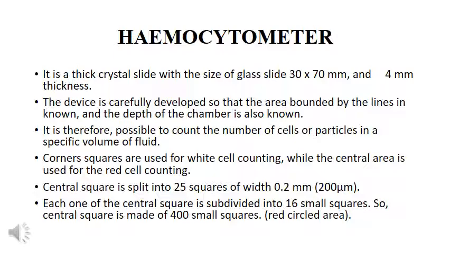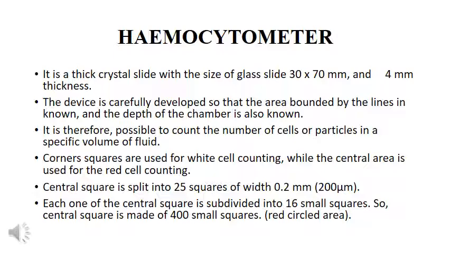Just remember, corner squares are used for white cell counting, and the central area, the red circled area, is used for counting RBCs and platelets. Sorry, not for WBCs. What is the difference between the central and corner areas? The central area is composed of 25 squares.